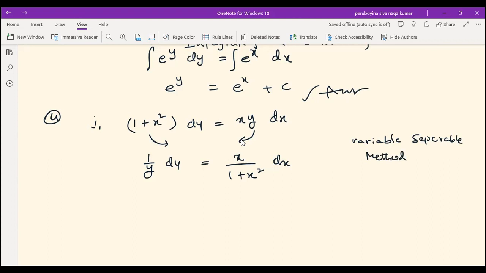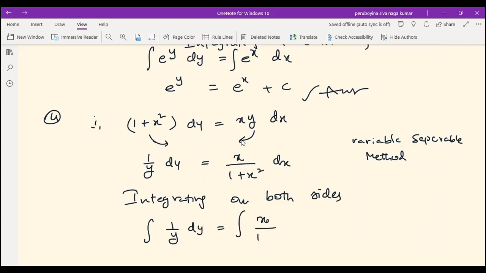Separable means we are separating the terms, dy side and dx side. Now integrating on both sides. Integral of 1 by y dy is equal to integral of x by (1 plus x square) dx.